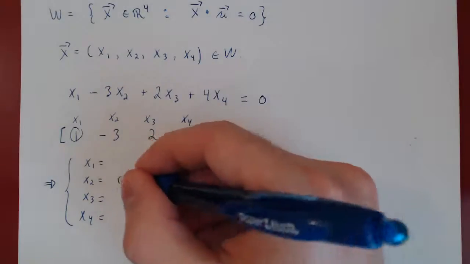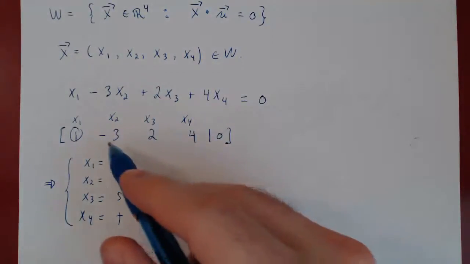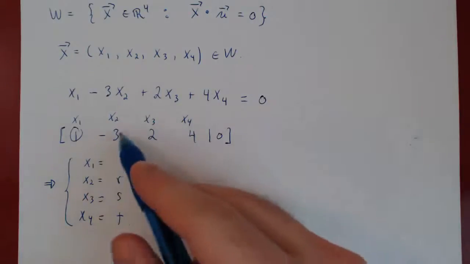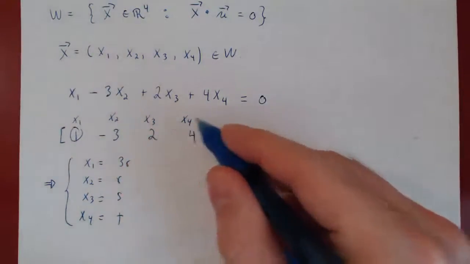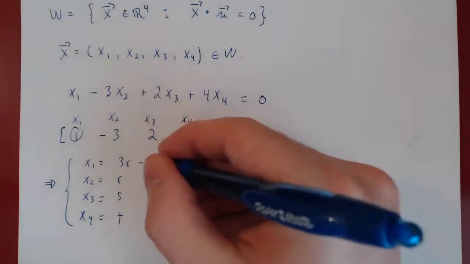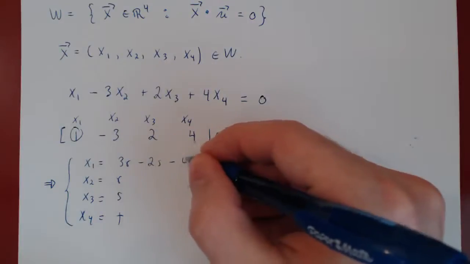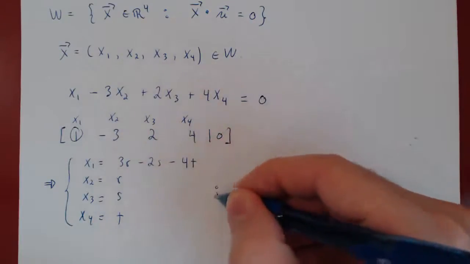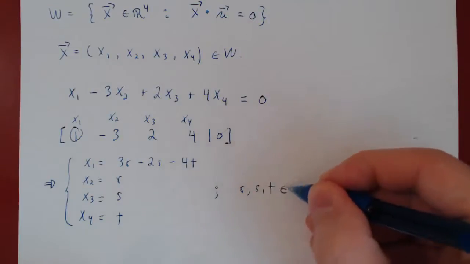So you can say x2 equals r, x3 equals s, x4 equals t. And if you then solve for x1, you will get x1 is 3x2, so 3r, minus 2x3, minus 2s, minus 4x4, minus 4t. Where again, r, s, and t are arbitrary real numbers.